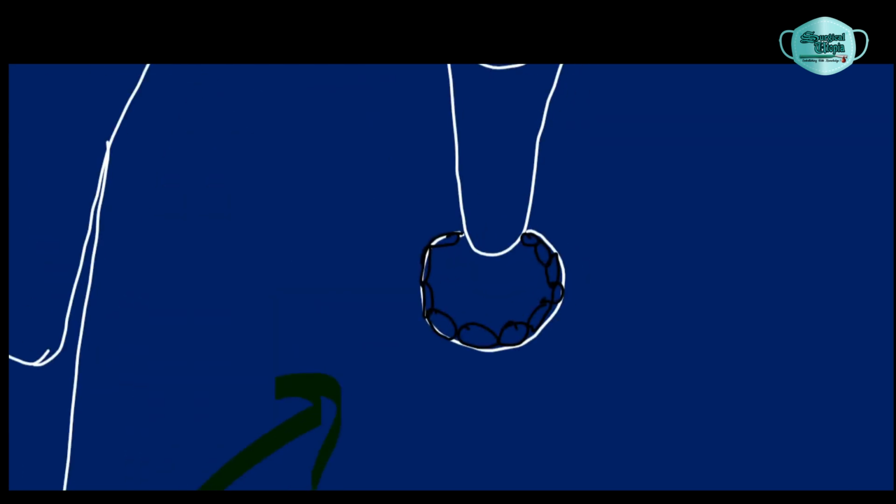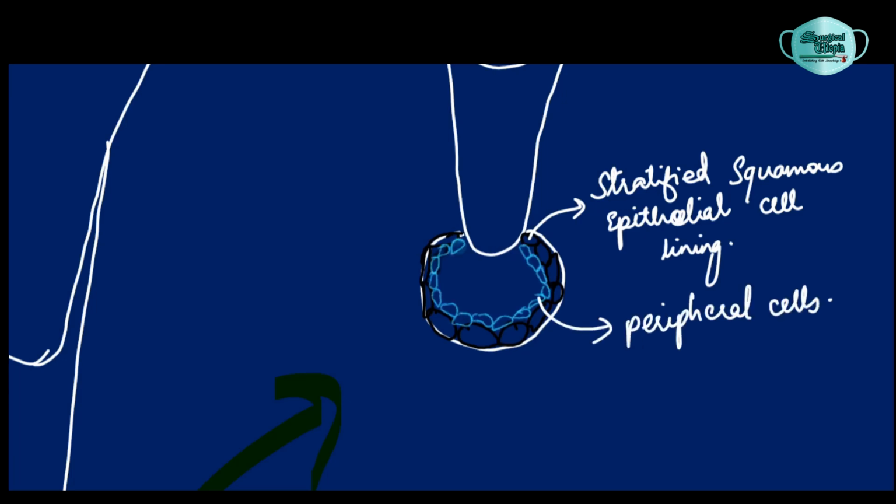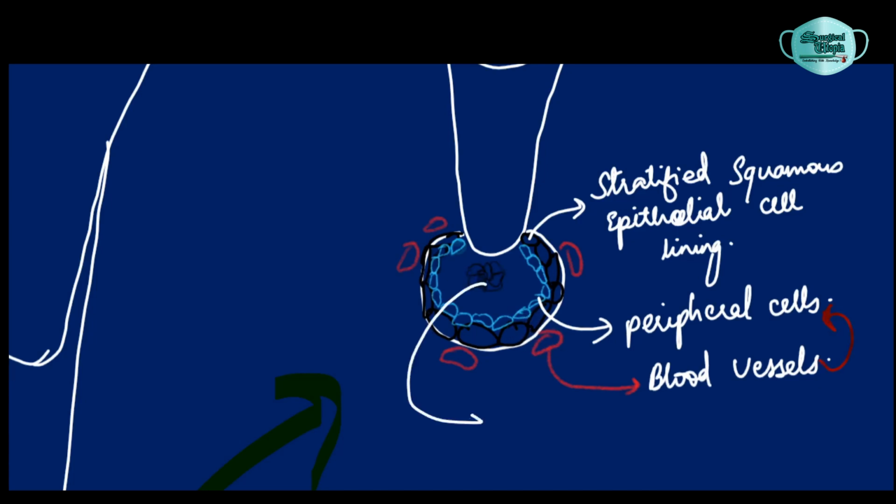After the invasion of the infection, the cyst formation occurs. In this, the cystic cavity gets lined by stratified squamous epithelium. Because of this lining, the cells in the periphery are supplied by a rich source of blood, whereas the cells lying in the center are devoid of nutrition.